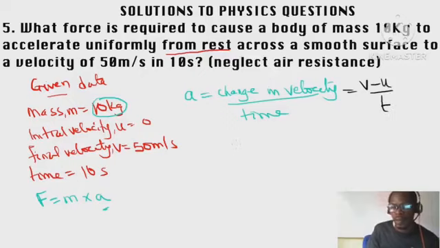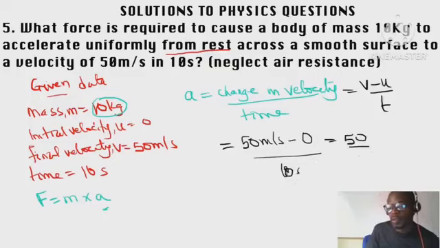Our v equals 50 meter per second minus 0, over t, 10 seconds. So you're having 50 over 10, then 0 cancels 0, and that gives us 5 meter per second square.